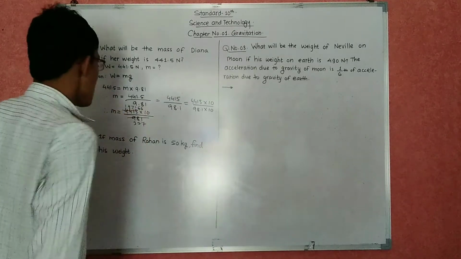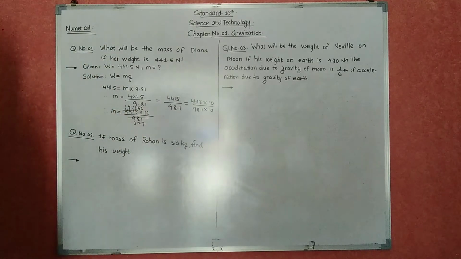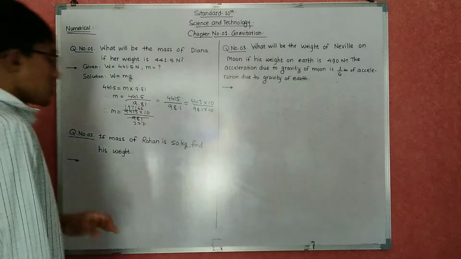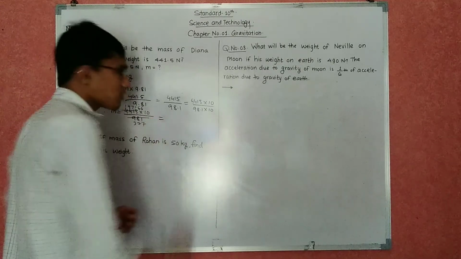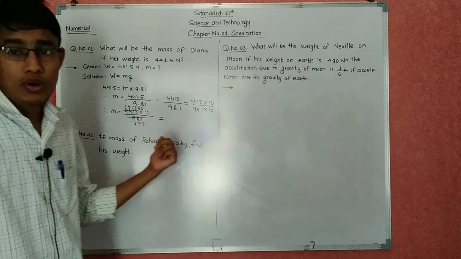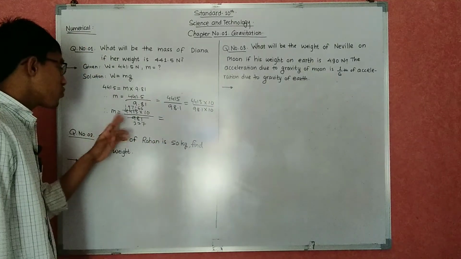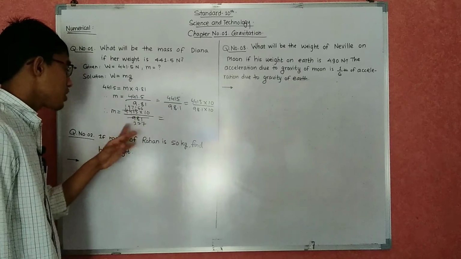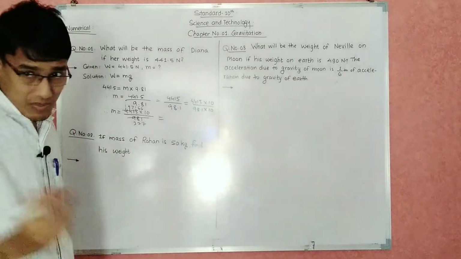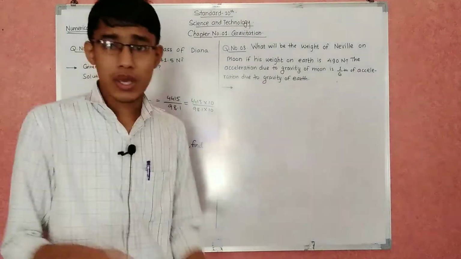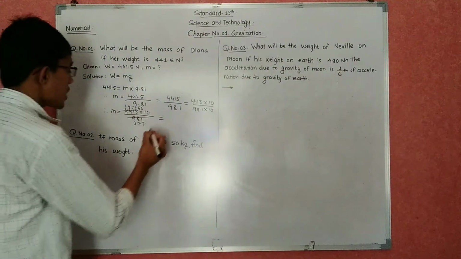So we get 1471.66 into 10 upon 327. This is the division. It is quite important to do this division properly. Then 1471.66 into 10 upon 327 can be done by you easily.